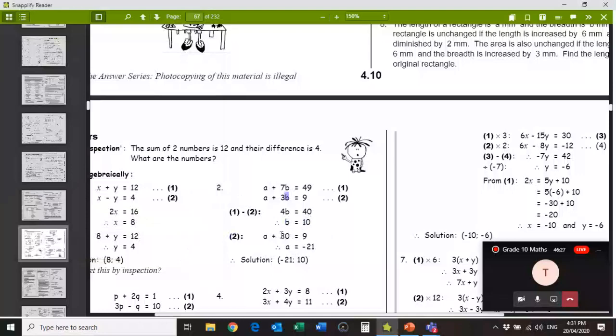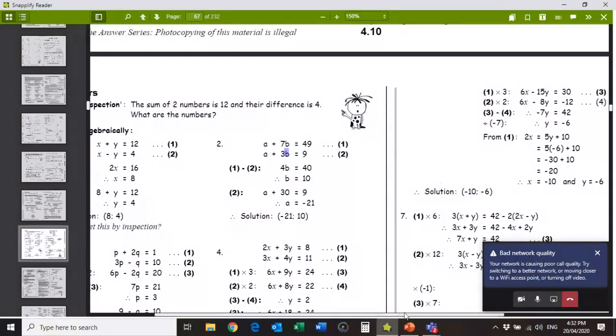If this one goes over the rainbow, the sign changes, remember. So it's going to be 9 minus 30 and therefore A then is minus 21. Now, if you want to check your work, you can also substitute this A = minus 21 into that position and then try and get B and you will then get B = 10.